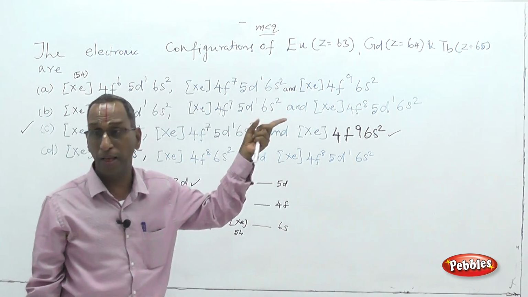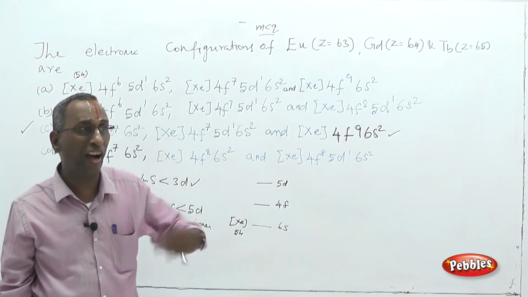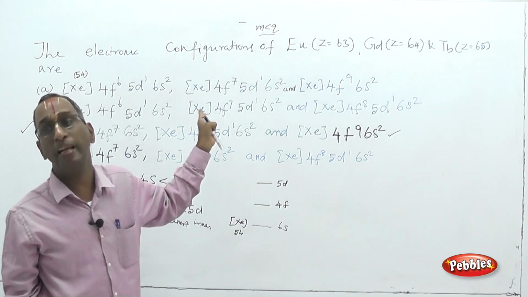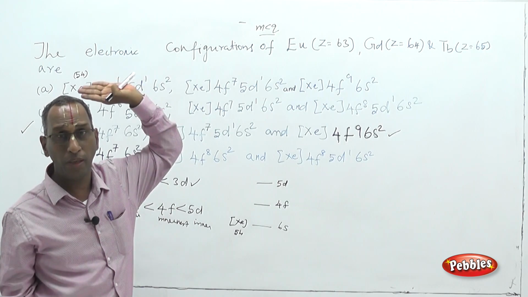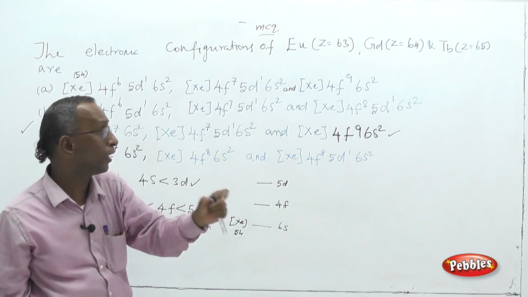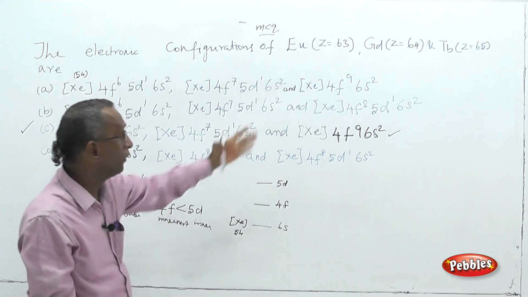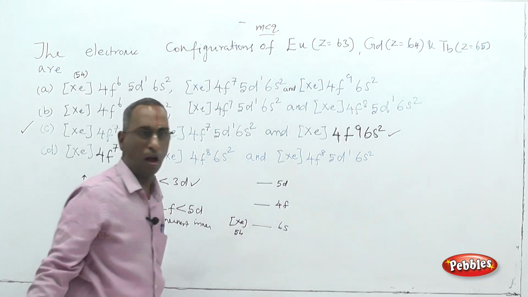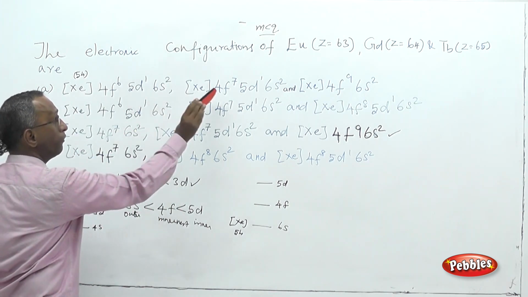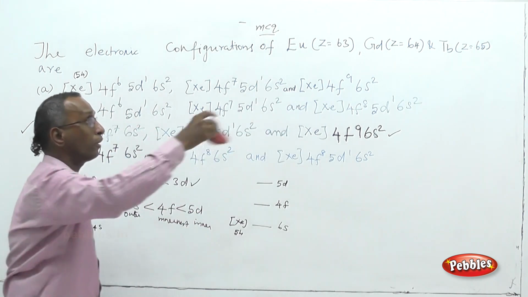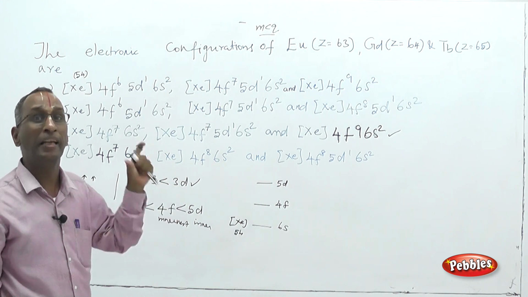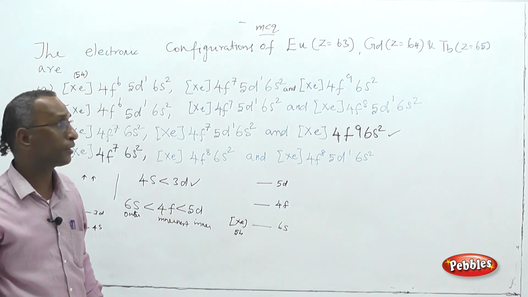Generally, electronic configurations of higher elements are reported in terms of the nearest inert gas configuration. Instead of writing from the beginning, 1s2 and so on, which would take the longest chain, for 63, 64, 65 you would have to write like a paragraph. It should not be the case, so it is better to condense in the form of the nearest inert gas configuration.